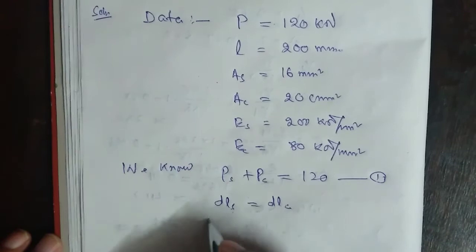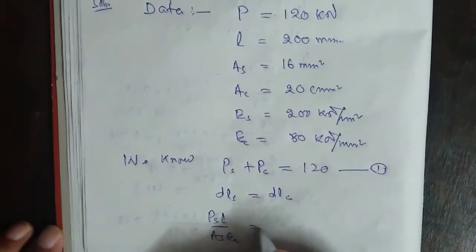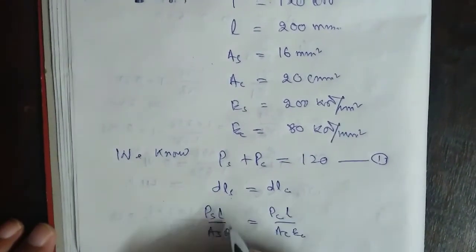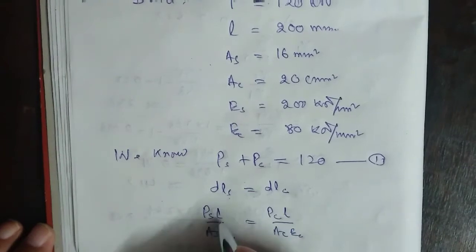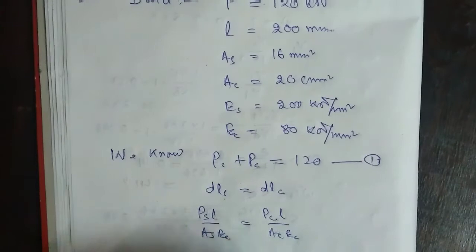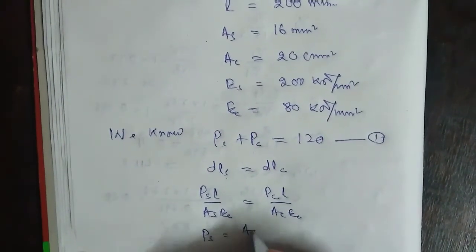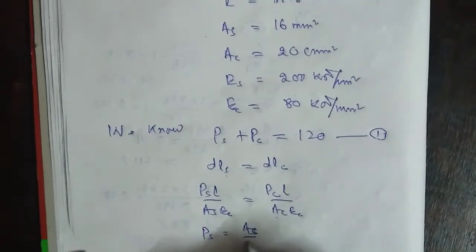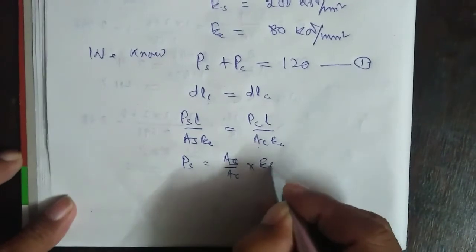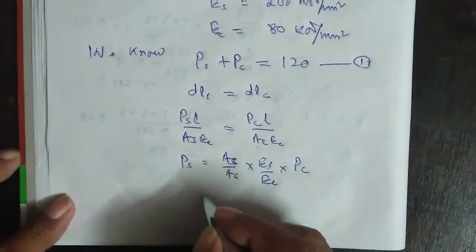The change in length consists of PS L by AS ES, PC L by AC EC. This should have been LS and LC, but both are equal, so I have written L common to both. So PS will be AS by AC and ES by EC into PC.